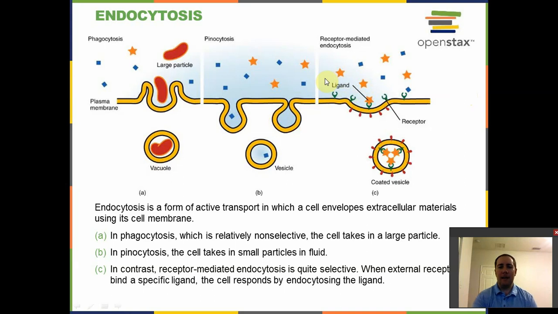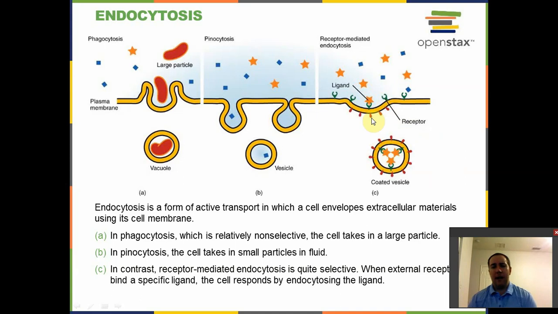The ligand is the key to the lock, basically. And when that key sticks in the lock, the receptor kicks into action. In this case, the receptor causes the cell to carry out endocytosis and bring whatever that ligand is into the cell.